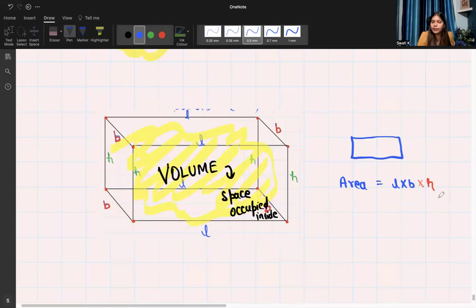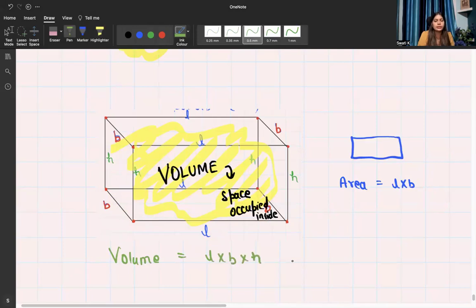You're just going to multiply by the H here. And when you do that, what are you getting? You're getting a box, right? And that is what we call the volume. So that's a very simple way to understand the volume of a cuboid. So that is why I'm now directly saying the explanation I gave you: the volume of a cuboid is nothing but L into B into H. That's the formula. So that's what we call the volume.